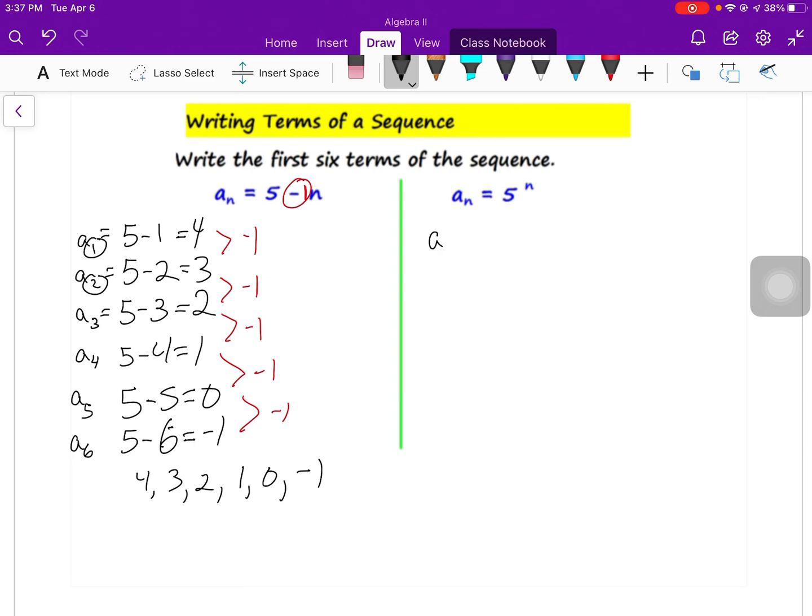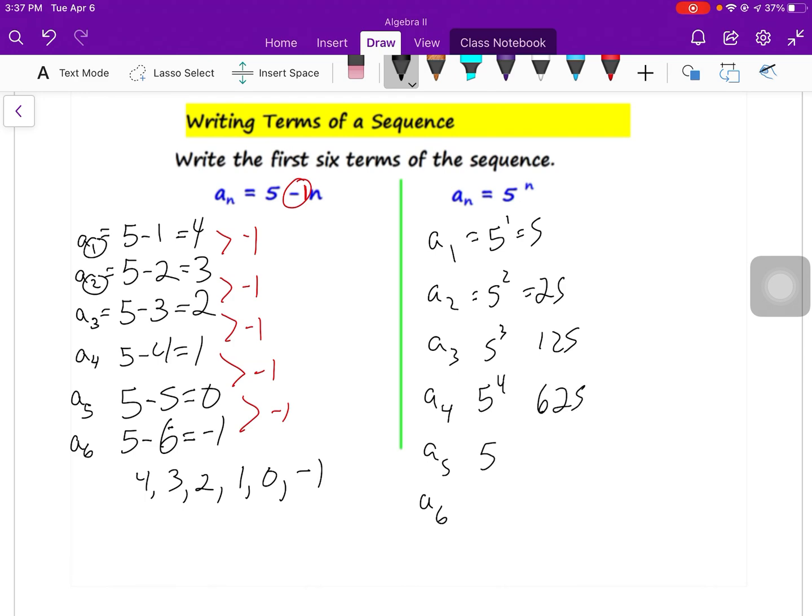Over here, okay, 5 to the first power, 5. 5 squared, 25. 5 to the third power, 125. I'm just working my way down. 3,125, I believe. 5 to the 6th, and yeah, I'm going to use a calculator.